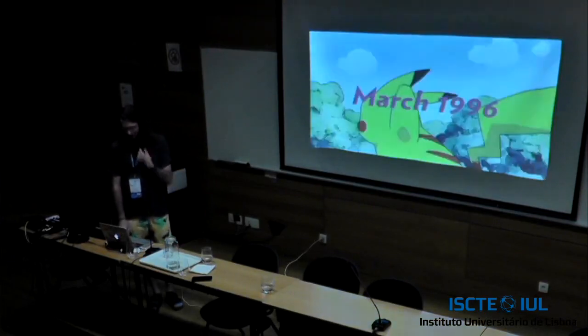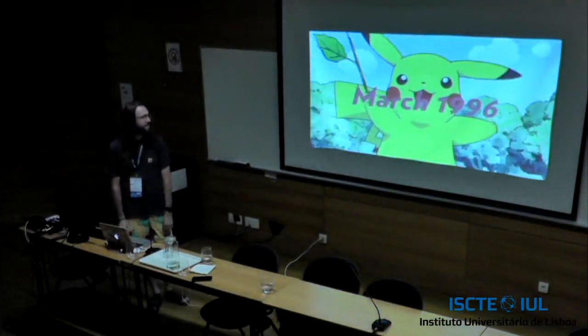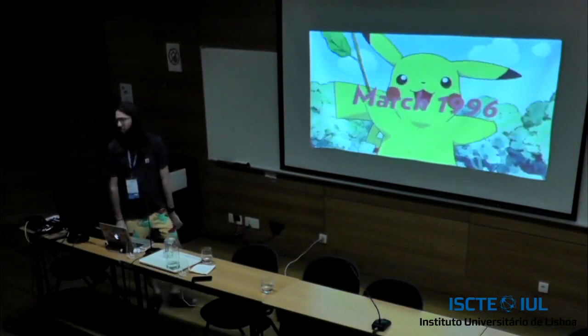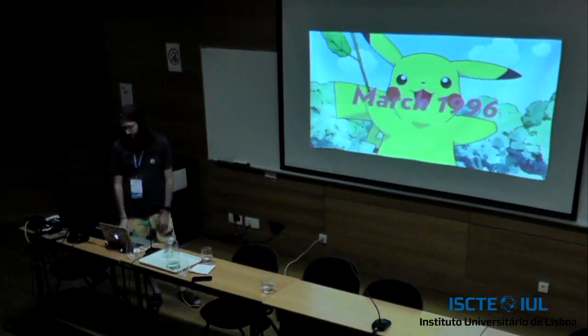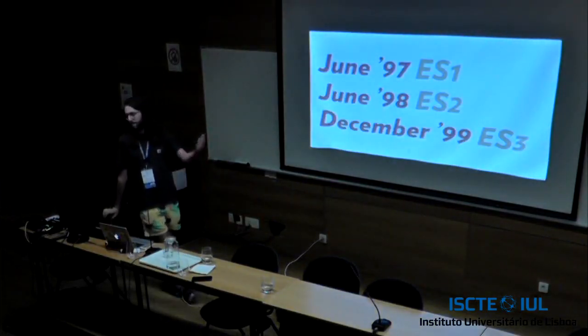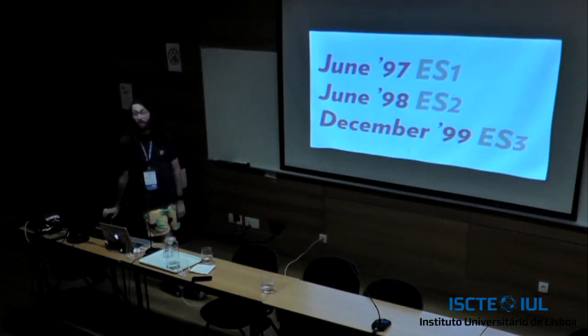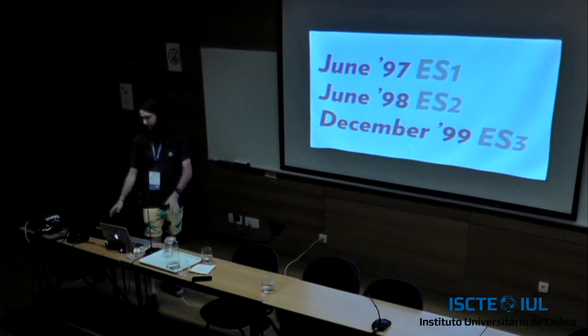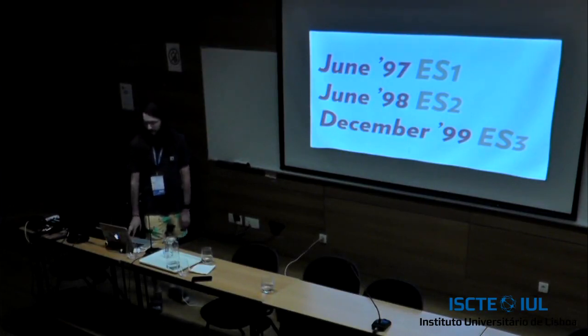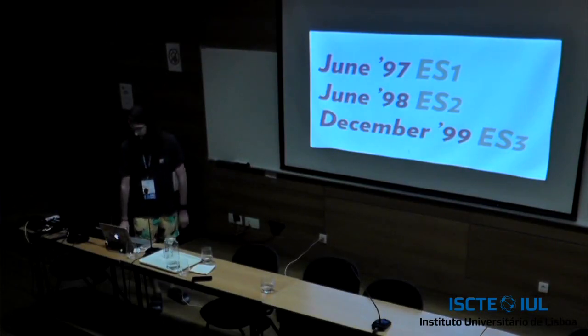So, the past. March 1996, JavaScript. Yay! This is just the introduction. Then 1997, the ECMAScript 1 spec. This was the very first release of what we know as common JavaScript. Then ES2 in 98 and ES3 in 99.